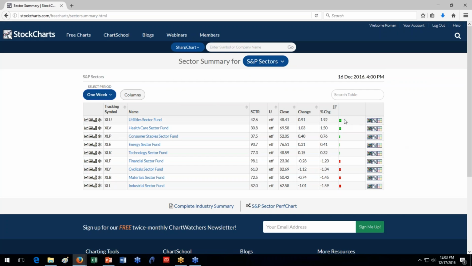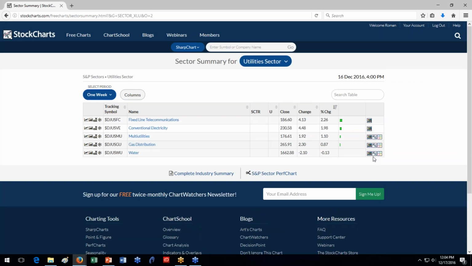So again, utilities are outperforming. When would utilities start to outperform? When there is some kind of flight to quality and flight away from anything that was just drastically outperforming. So therefore, also health sector, but let's go to the utilities. Then we would be looking at whatever is outperforming right here.